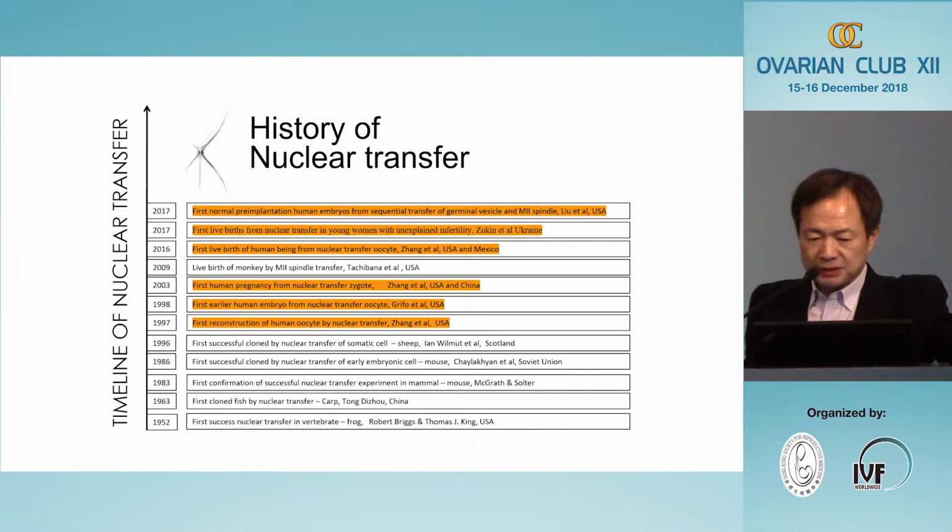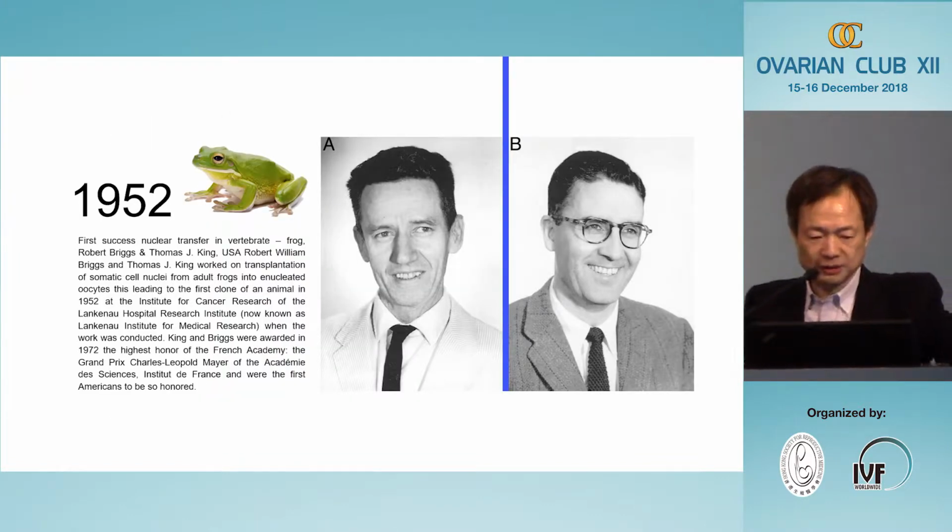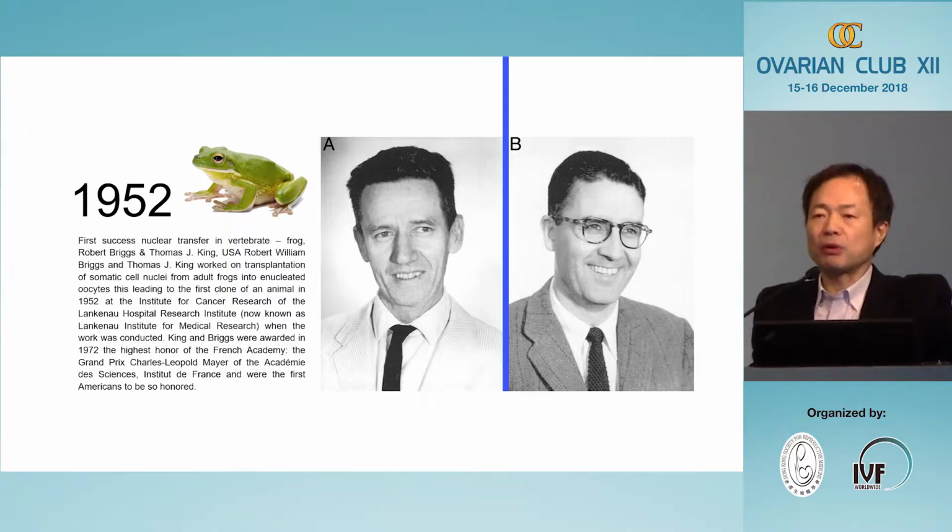Nuclear transfer really started in 1952 in frog. And we know the reason for using frog is because the gametes are very big. In the 1950s, we did not have very sophisticated micromanipulation systems, so any study involving the interplay of the nucleus and the cytoplasm had to be done with large cells.